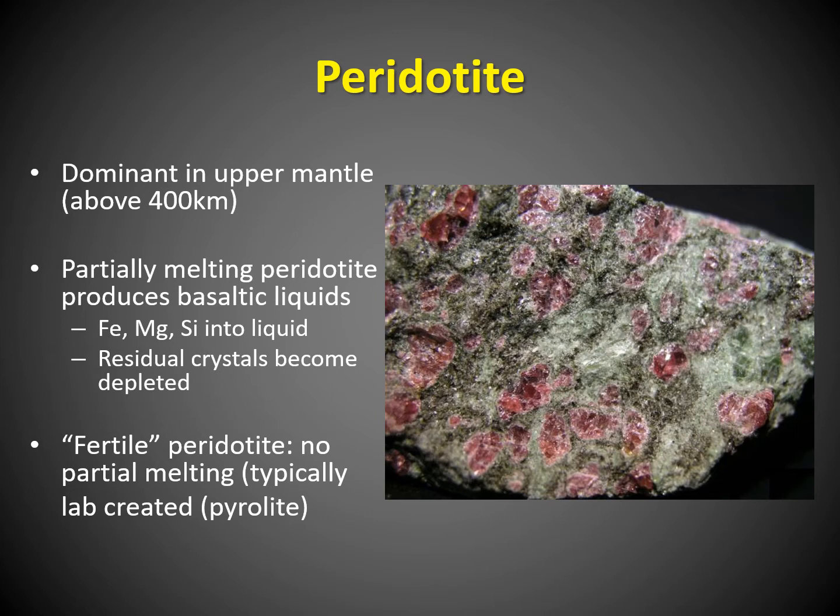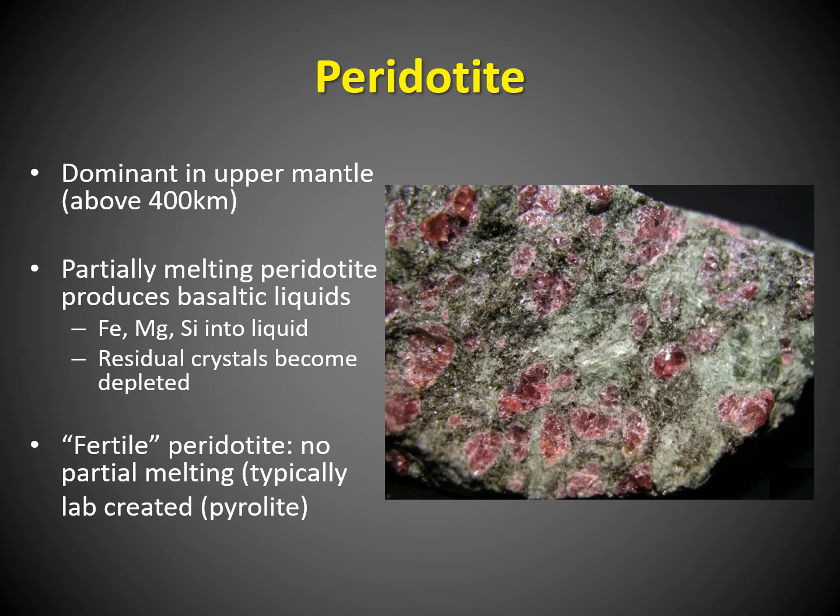And when we look at ophiolite sequences, the peridotite that's attached to that ophiolite sequence was probably the source of the gabbro and the sheeted dikes and the pillow basalts that are above it. All that stuff is basaltic melt. So to find some peridotite that hasn't been depleted is pretty rare.